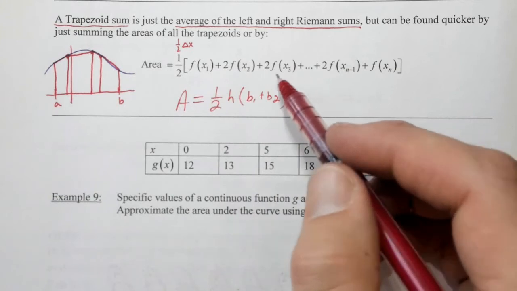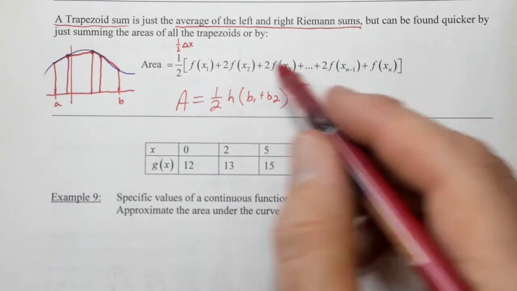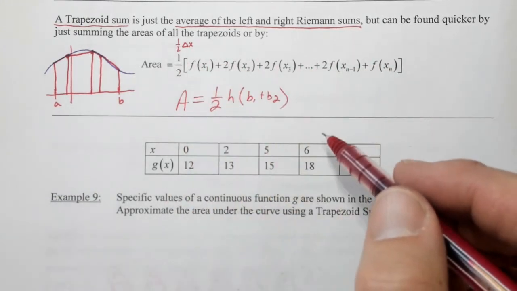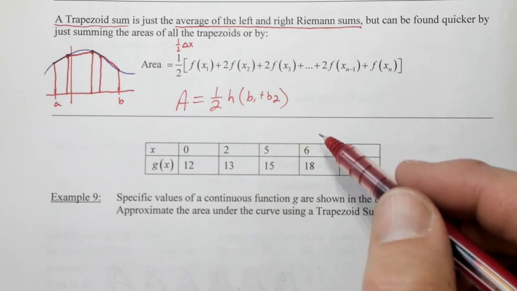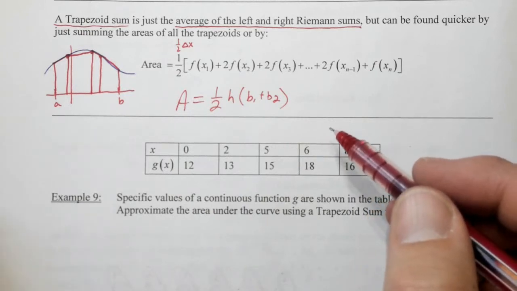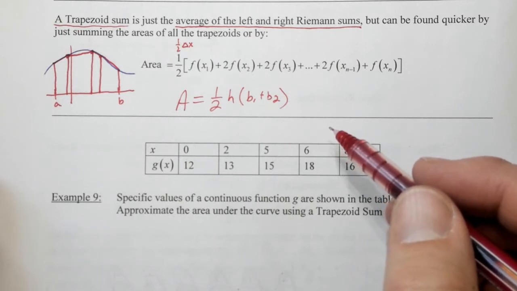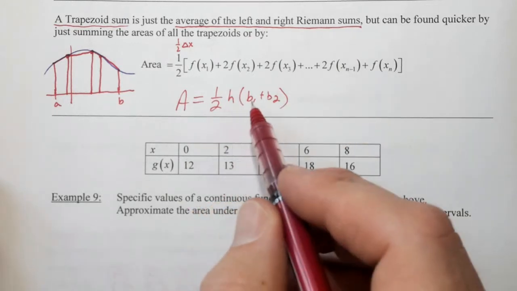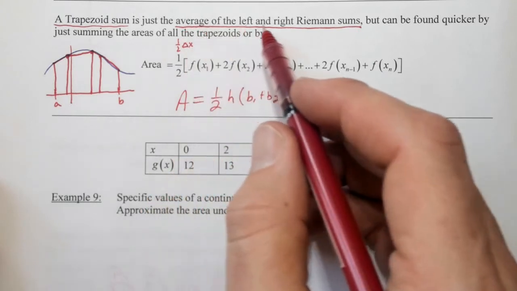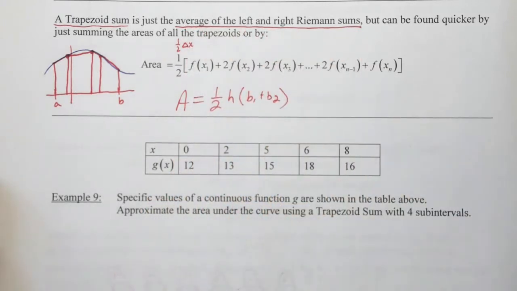With the way that the trapezoids work, you can use this formula as well that's written right here, but it does need to be equal subintervals, and often on the exam you're not given equal subintervals. So it's best to either work trapezoids or to do the average of the left and the right Riemann sums.